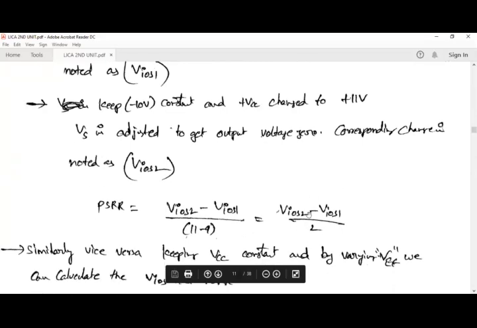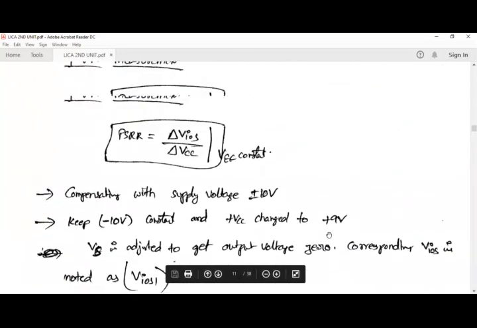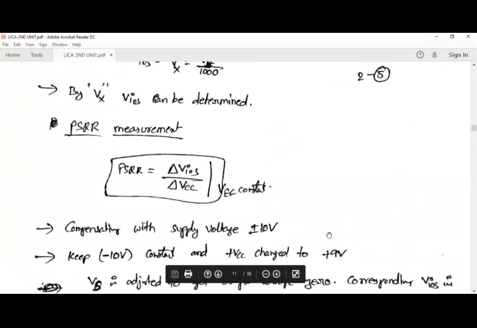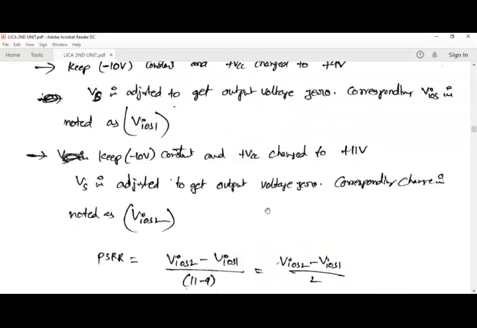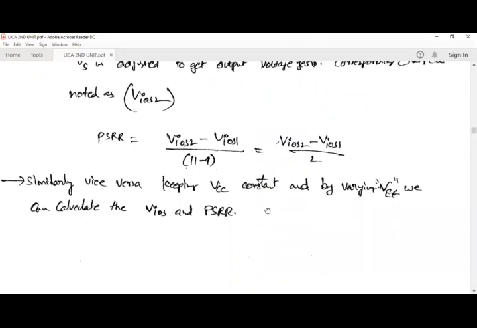VIOS1 and VIOS2 can be measured with the help of a multimeter. If we measure and note down these values, we can calculate the value of PSRR. So this is how we are going to calculate the value of PSRR as well as input offset voltage.